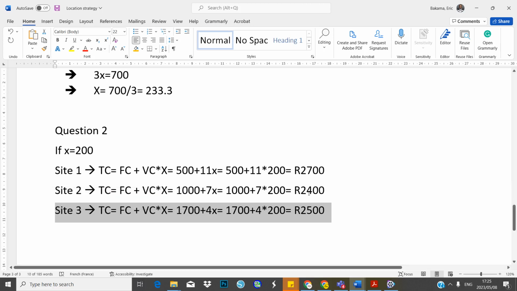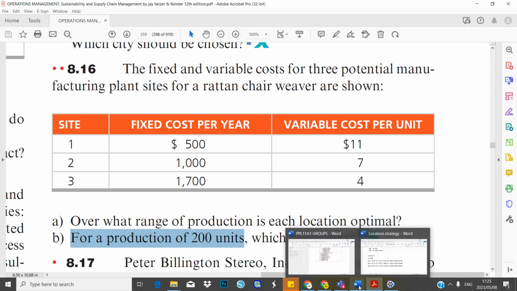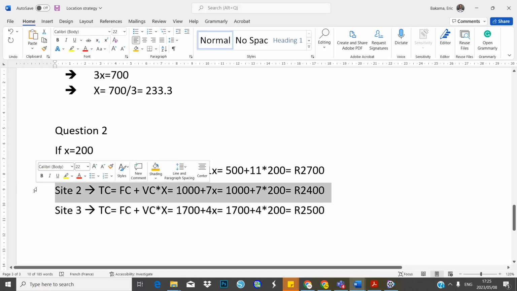But obviously we need to see generally in terms of range, because the question here is that for a production of 200 units, which site is going to be the best? So the location that will be the best is going to be this side. Why? Because it is the cheapest.